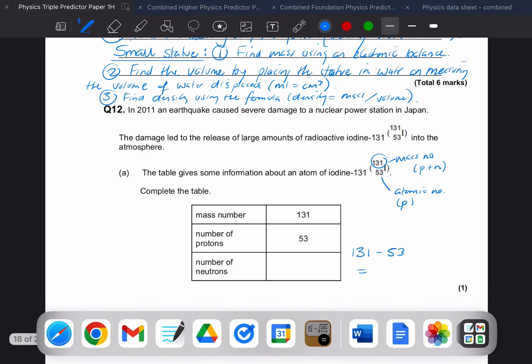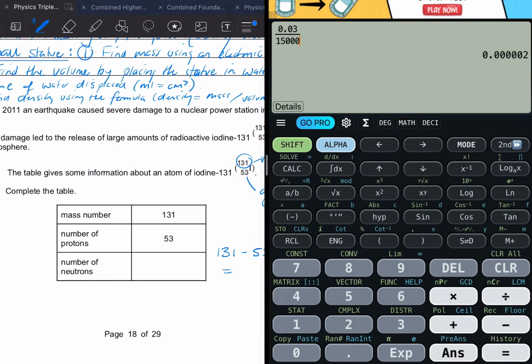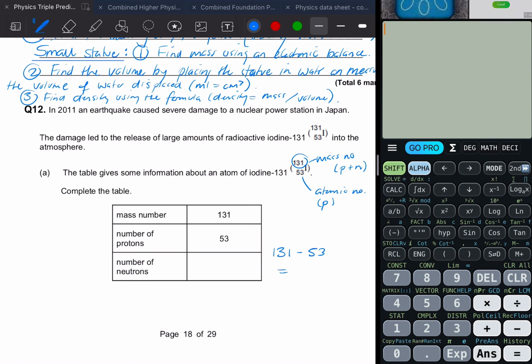Let's get our calculator out. Okay, so 131 minus 53 gives us 78 neutrons. And we just check that. We can do its P, N and E number. So P, N, E, because the protons and the neutrons are in the nucleus, they should add up to the mass number.